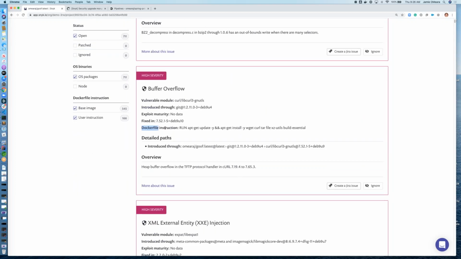And I can see that by looking at the Docker file instructions here. By running this specific command, which might be a very common thing for developers to do for things that they want to install into the container image, they introduced this. So what they can do is go back and look at these Docker file instructions to make determinations whether they need to change that or not.